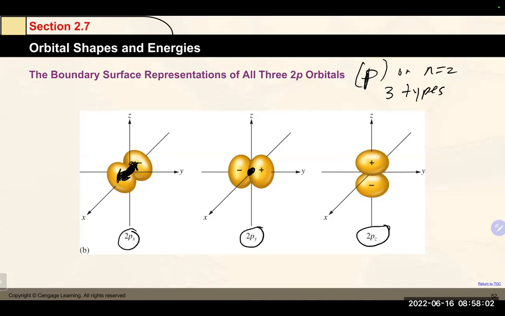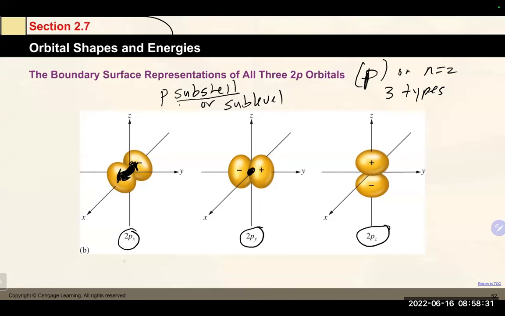Now, because there are 3 different p orbitals, all 3 of them together are sometimes referred to as the p subshell or p sublevel, depending on your book. I think perhaps our book uses shell, but some people use level instead of shell. That would be all 3 of these together. Each individual orbital can hold 2 electrons.